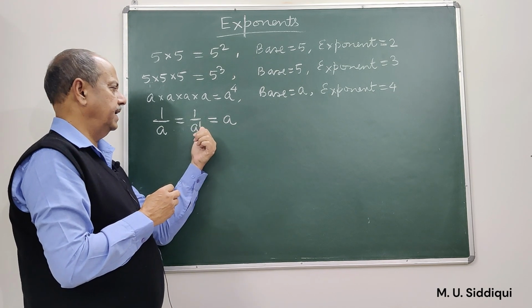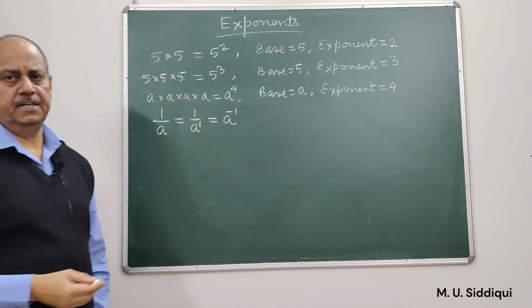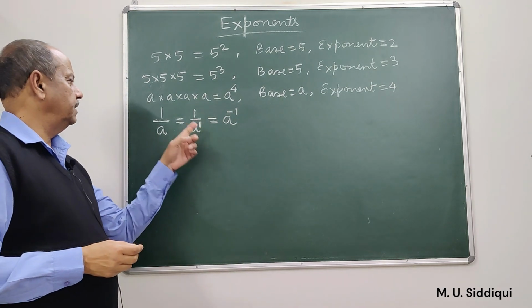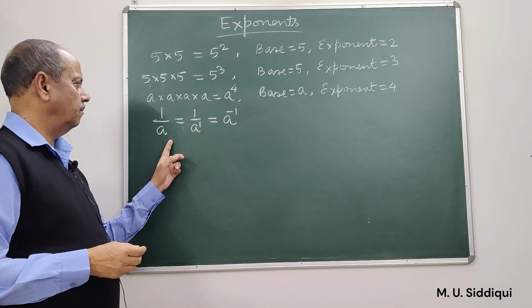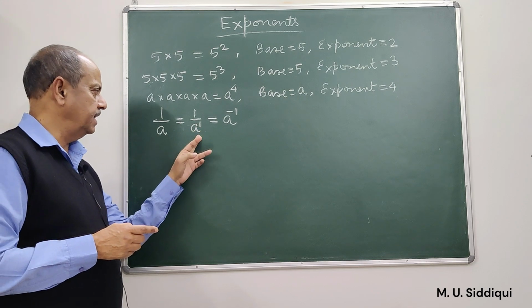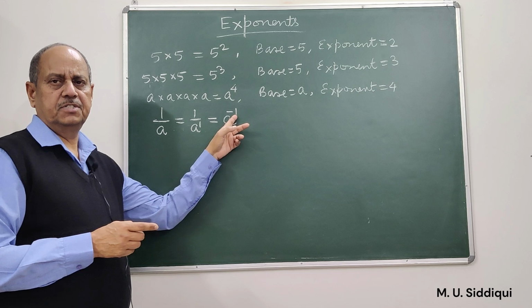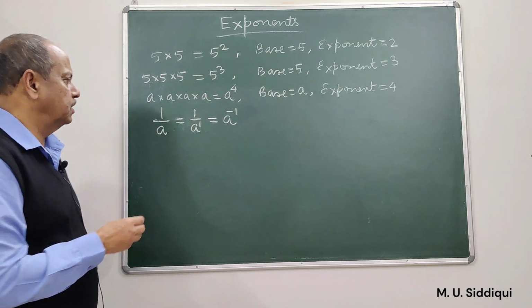If it was a positive sign, it will become a negative sign. So 1 upon a raised to power 1 becomes a raised to power minus 1.